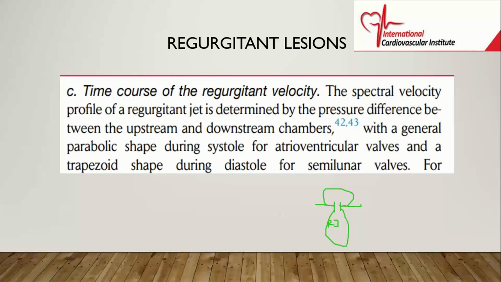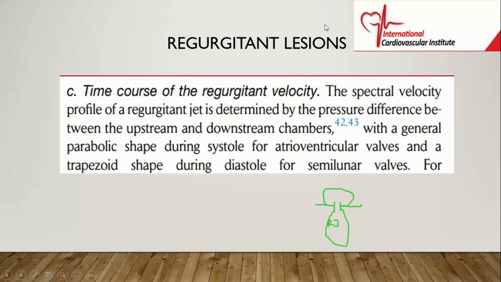But the time course of the regurgitant velocity, this is what we call the spectral envelope, and that is the shape of the envelope. So the spectral velocity profile of a regurgitant jet.